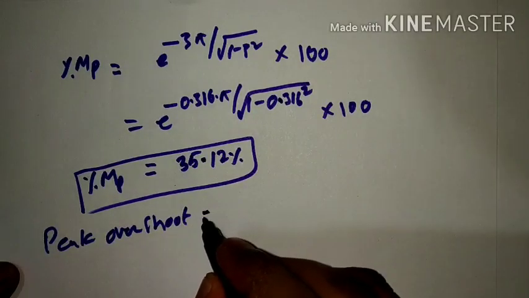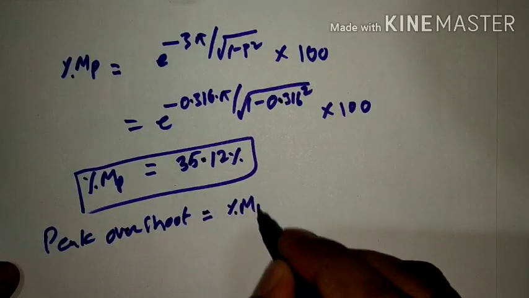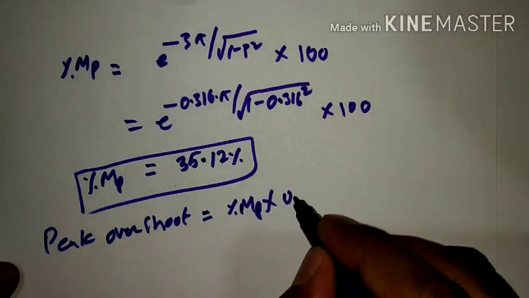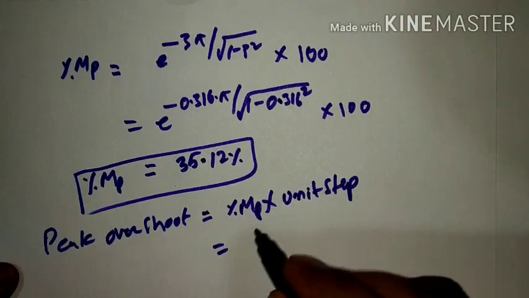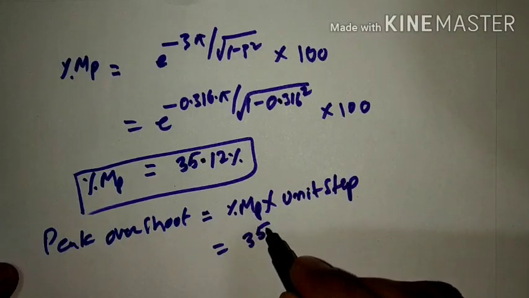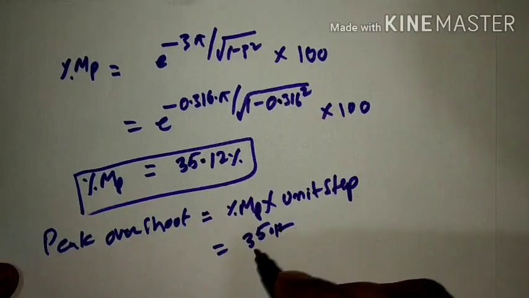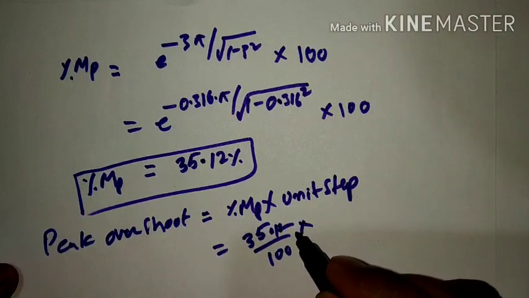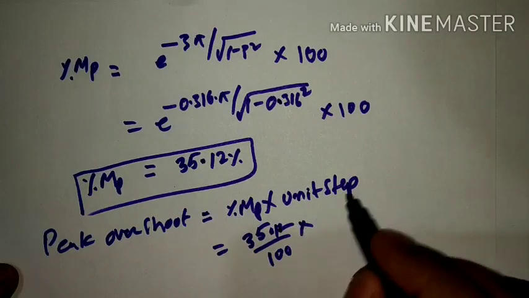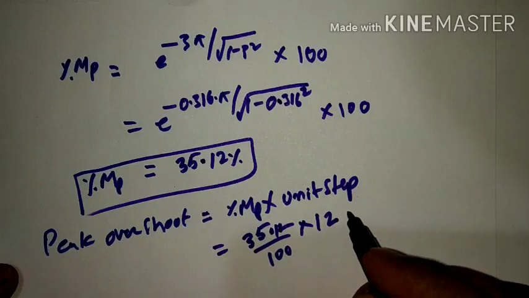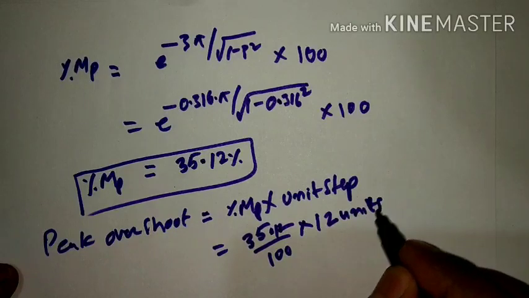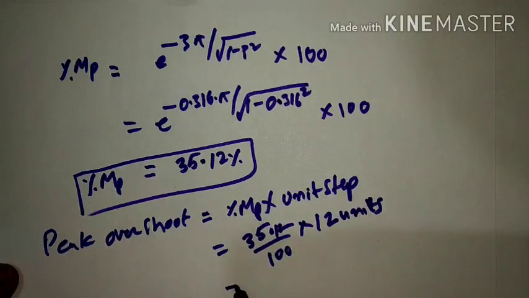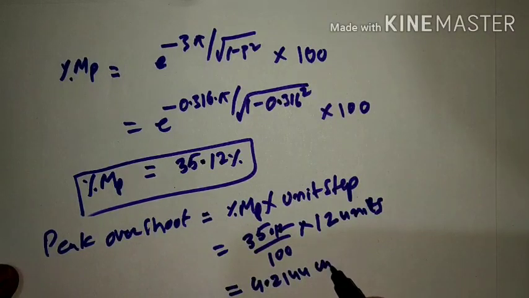Then peak overshoot is equal to percentage of MP into the unit step. So percentage MP is 35.12 by 100, and the unit step is 12 units. So how much will you get? You will get 4.2144 units.